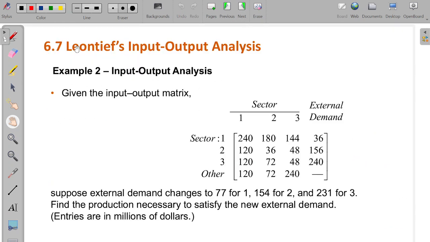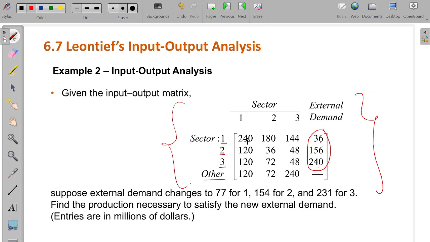Let's look at this example. We are given the input-output matrix of a sector. You can see there are sectors 1, 2, and 3, but only these have external demand. The external demand for sector 1 is 36, for sector 2 is 156, and for sector 3 is 240.